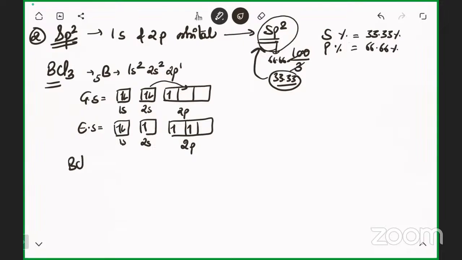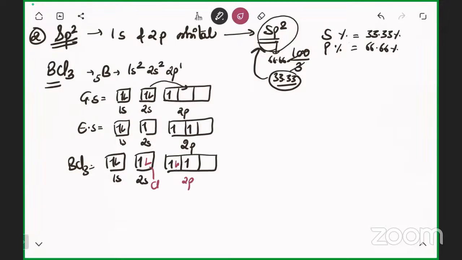So if I make the structure of BCl3, 1s remains as it is, 2s with 1 electron, 2p with 1 electron. Now if I go for the filling of Cl, this is one Cl, this one is another Cl, this one is another Cl. So one s and two p orbitals are formed.